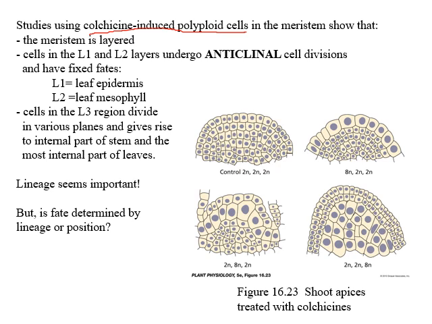And when you treat a plant with that, you can have stem cells up here, but when they duplicate the genome without cell division, they can become polyploid.